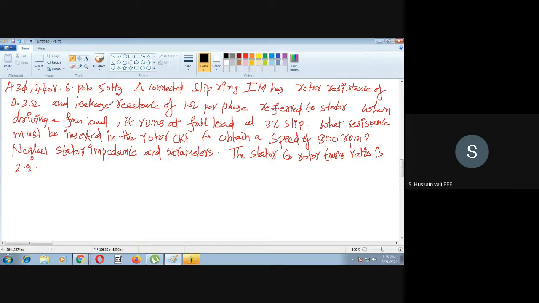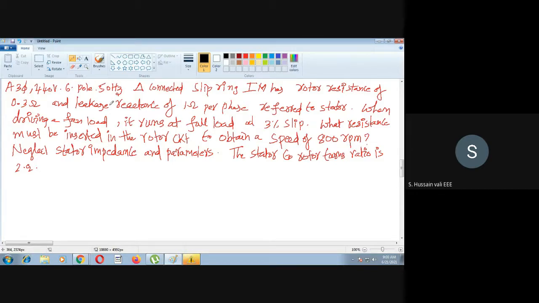Then when driving a fan load, it runs at full load at 3% slip. So the induction motor is connected to a fan. What resistance must be inserted in the rotor circuit to obtain a speed of 800 rpm? That's the question he is asking.